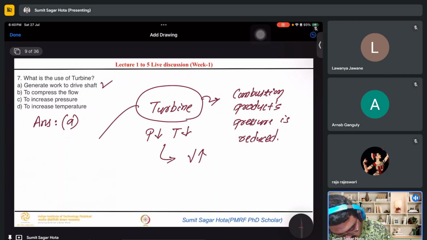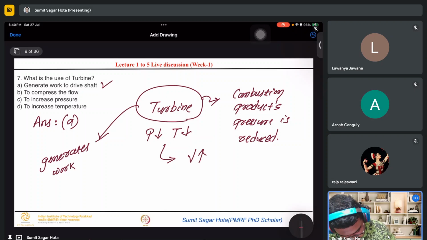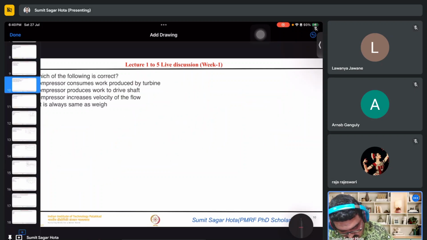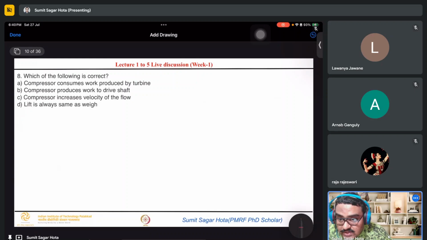So in return, what does it exactly do? Generates work to drive the shaft. In return, the compressor will work. Okay. So the next one, which of the following is correct?